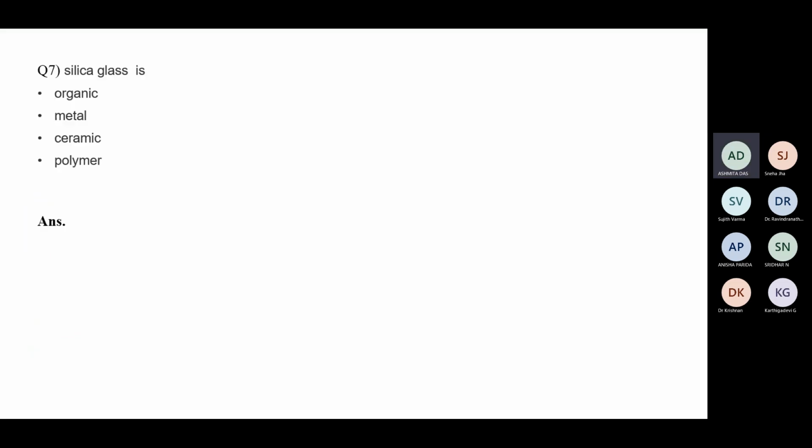Moving to the next question, the silica glass is... Ceramic, madam. Yes, the correct answer is ceramic material.